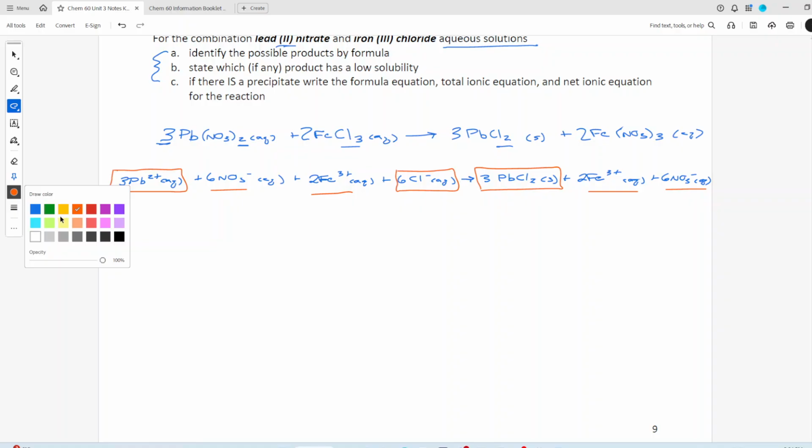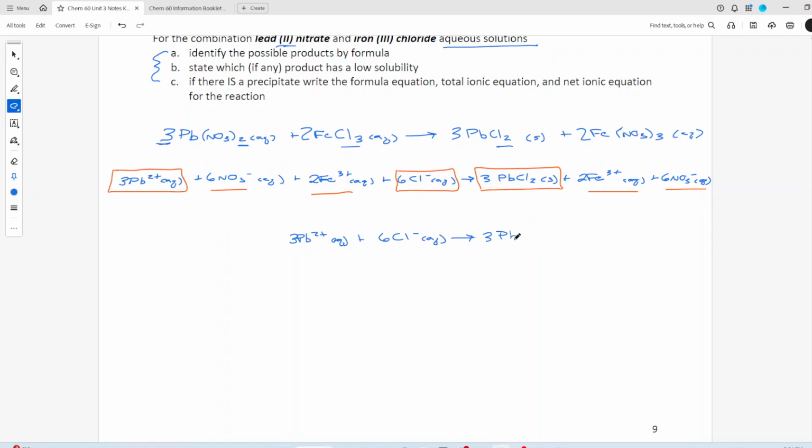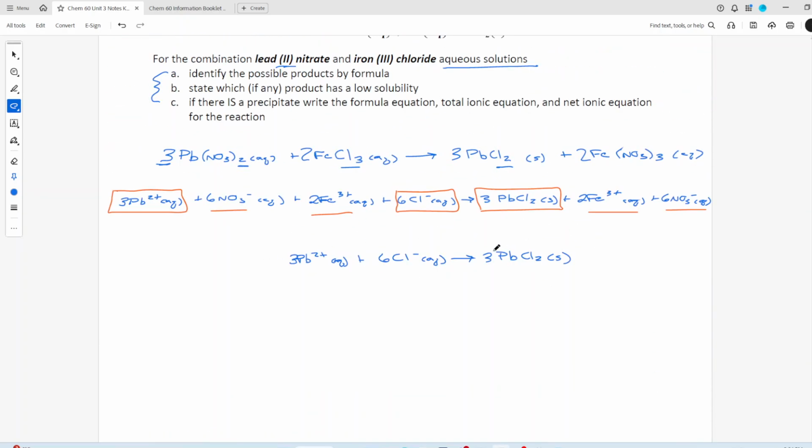Then my net ionic equation is just 3 Pb2+ aqueous plus 6 Cl minus aqueous forms the 3 PbCl2 solid. So we've got our formula equation, our total ionic equation, and our net ionic equation. Awesome. Okay, go practice doing those.